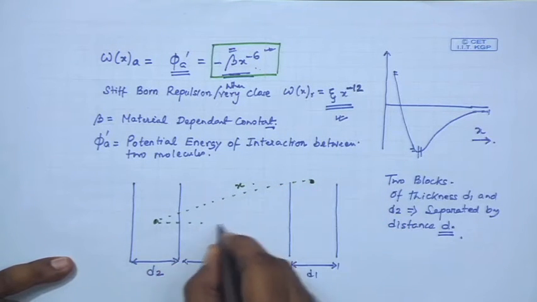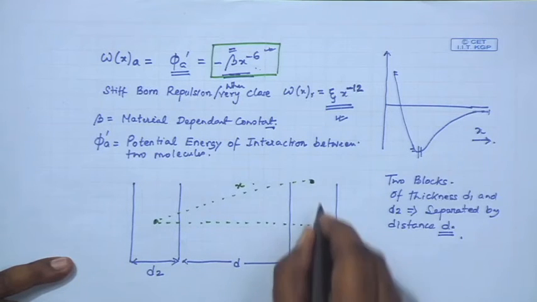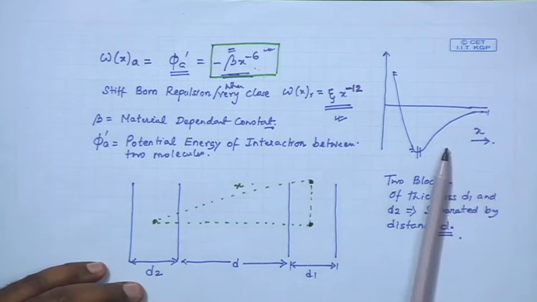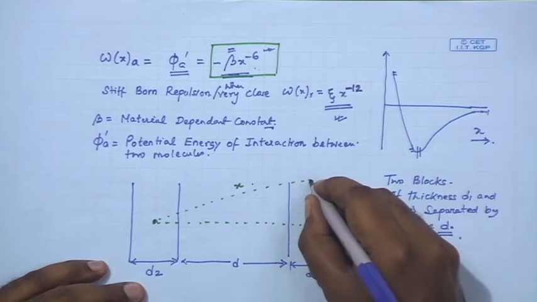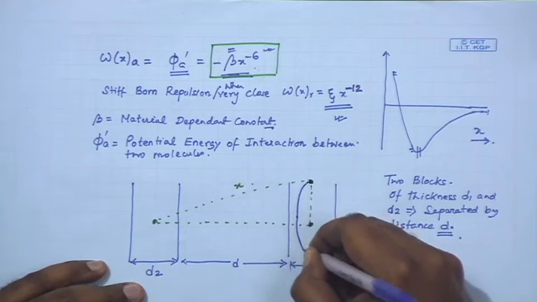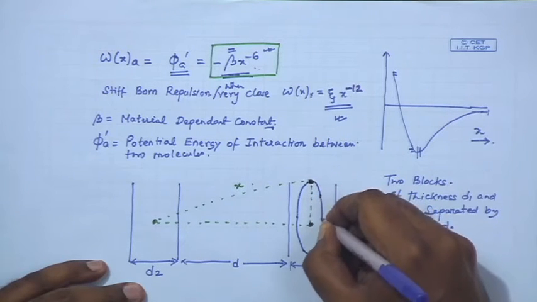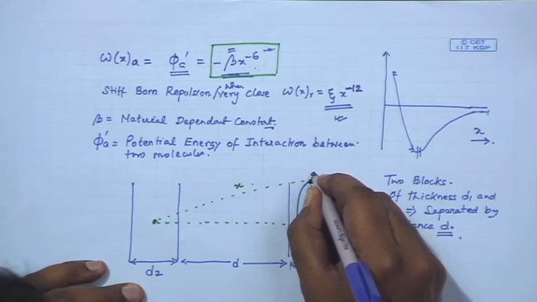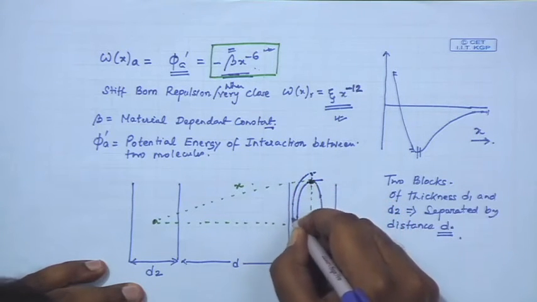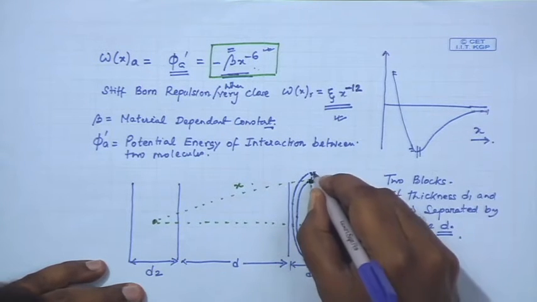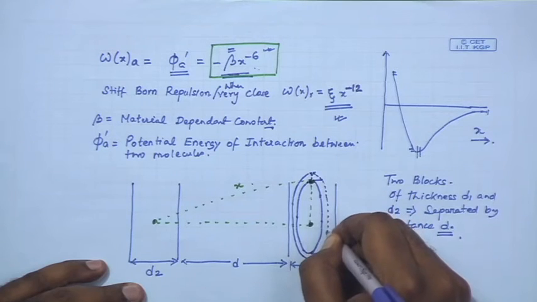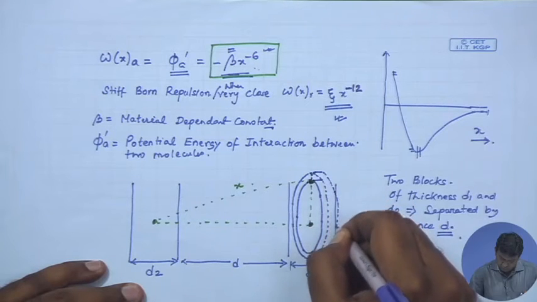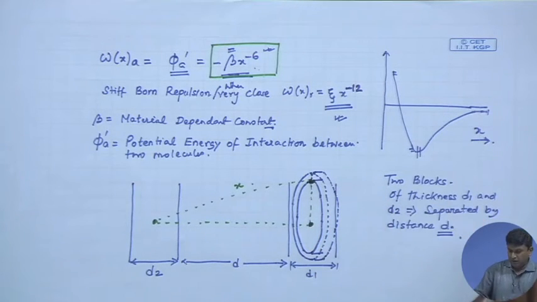We also draw a horizontal line from here and identify this point. We draw a circular ring within the material or block 1. Look into the construction carefully.